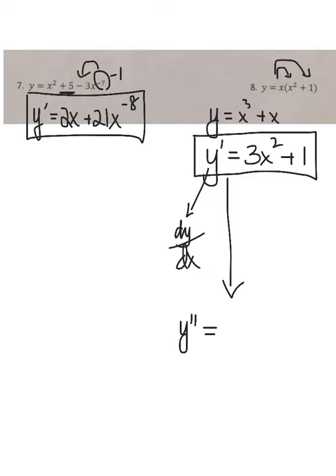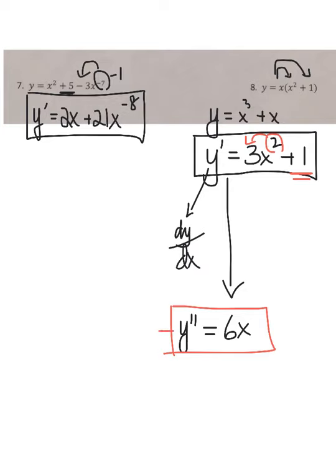So basically, it's taking the derivative of the derivative. Okay, not hard to do. So we write that as 6x, right? Because we would just take this 2, multiply it by the 3 in front, and reduce by 1. And then remember, any constant's derivative is just 0. So that would be your second derivative.